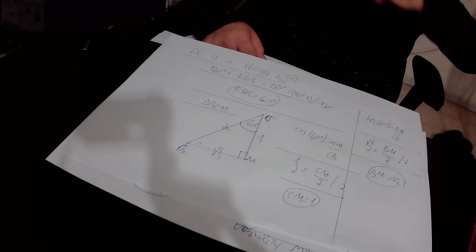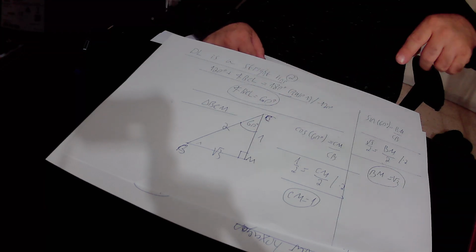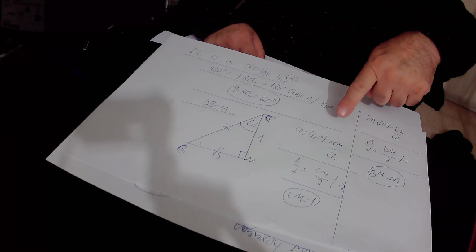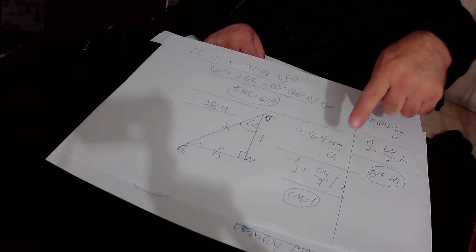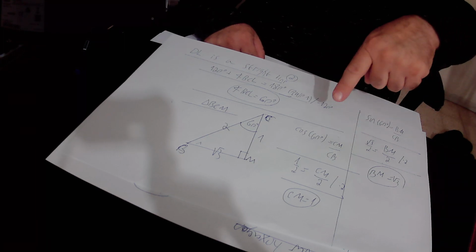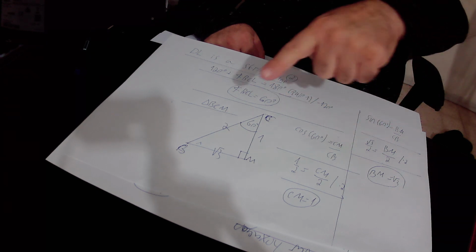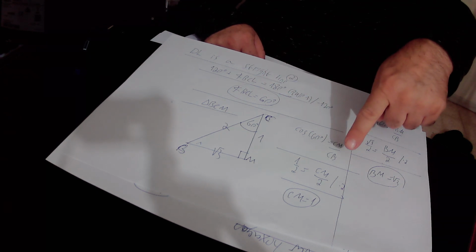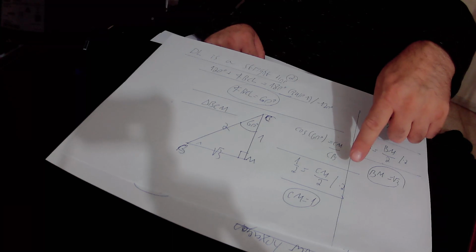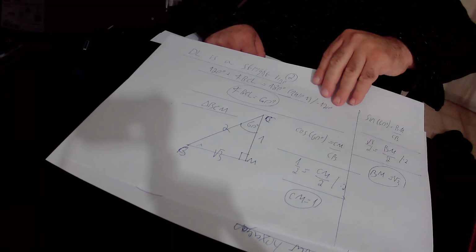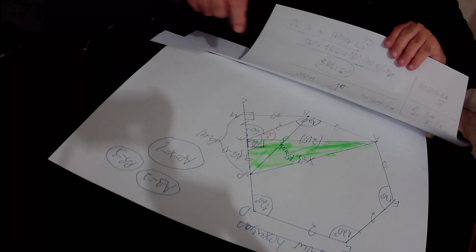In this triangle BCM, cosine 60 degrees equals CM over CB. Cosine 60 degrees is 1/2, and CB is 2. So 1/2 equals CM over 2. We multiply this equation by 2, and we find that CM equals 1.